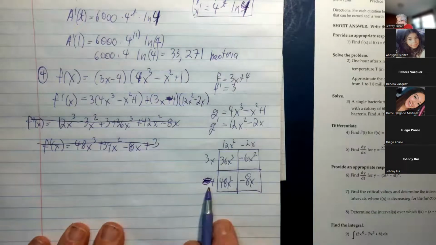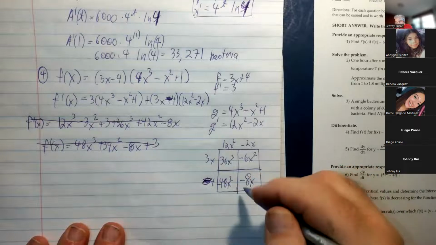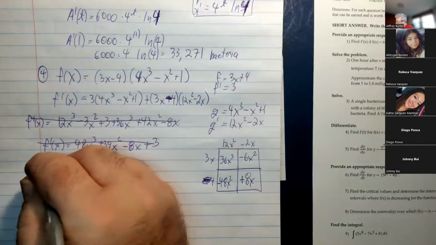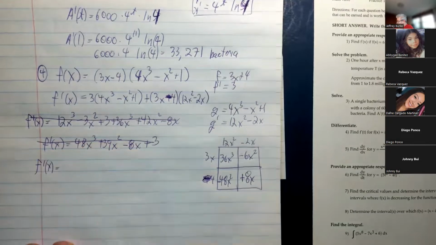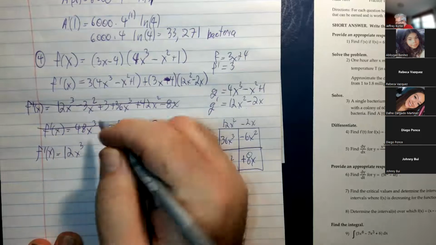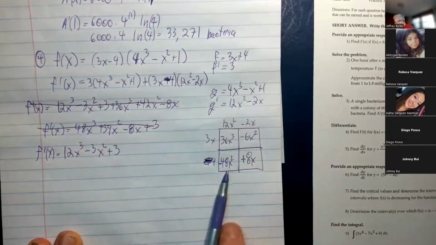So if I have minus 4 here, that's just going to switch the signs, and this is going to be negative 48x squared. That's going to be plus 8x. Okay, so I wrote f prime of x. I'll come back to the second question in a moment. This should still be 12x to the third minus 3x squared plus 3.